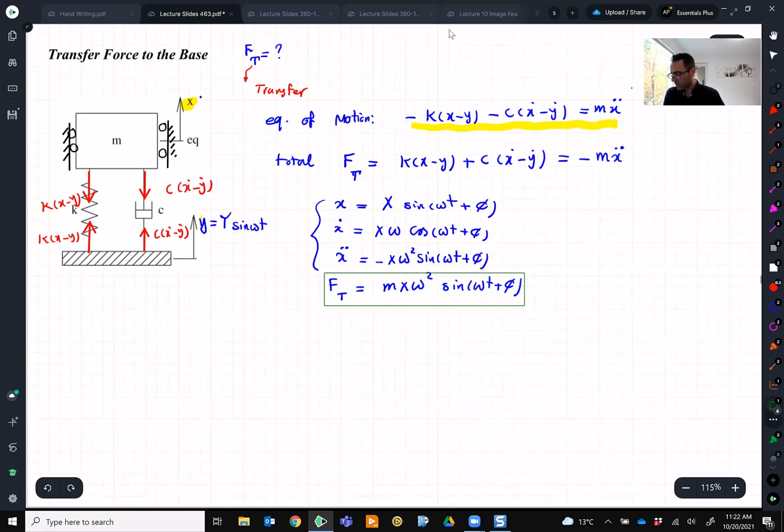And this force, of course, is not constant. It's a function of time. It's harmonic, and it has a delay phi. But for us, when we do the design, it is the maximum that matters. And that maximum is when this sine omega t is 1, or we just care about the magnitude.